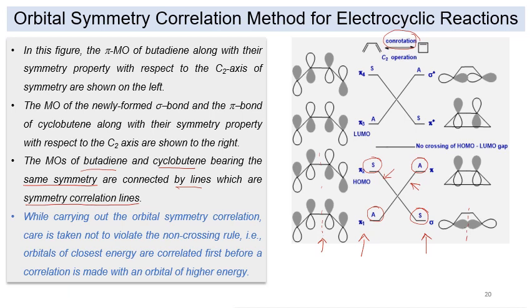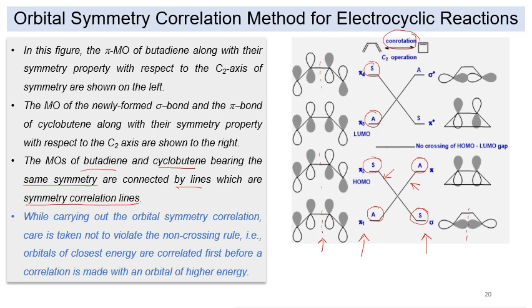Okay, let's go to pi 3. In pi 3, with respect to the C2 operation, this is anti-symmetric, whereas the pi 4 with respect to C2 is now symmetric.